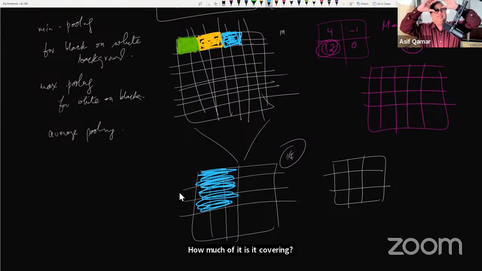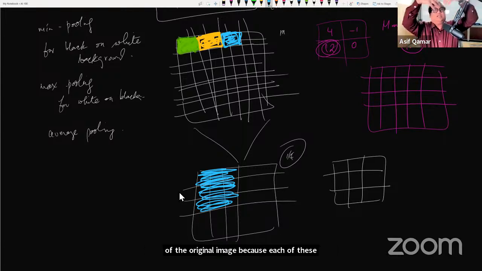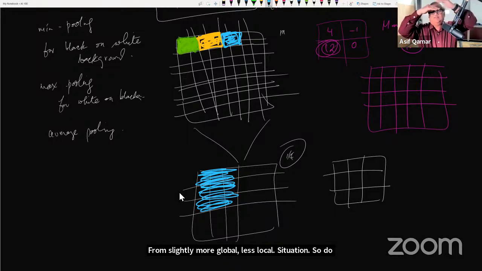More of it, right? Do you see that? It is effectively zoomed out and it is looking at a larger receptive field of the original image, because each of these cells is populated by information coming now from a slightly more global, less local situation. So do you see the hierarchy of information being built up? Right?